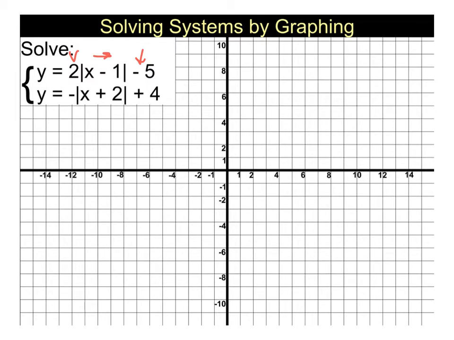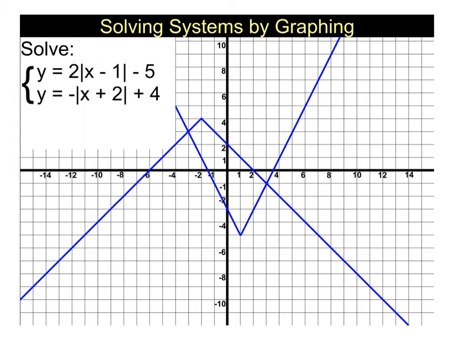All right, and then same kind of thing with that second equation there. I just want to remind you that the negative out front means your V is opening downward. But that's the only thing it changes. The plus 2, it's still going to be going to the left 2, and the plus 4, it's still going to be going up 4. Neither of those are changed by that negative out front. So this is what you should end up with for your graphs.